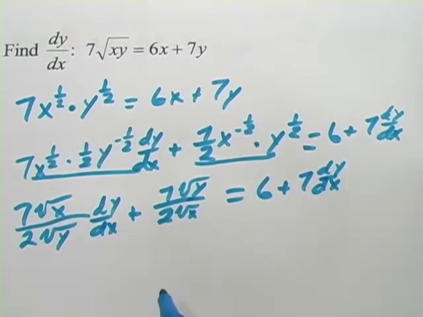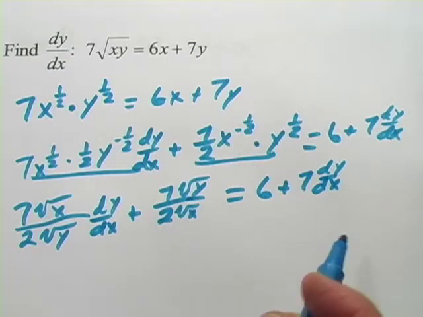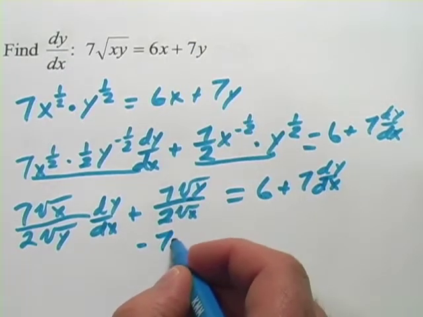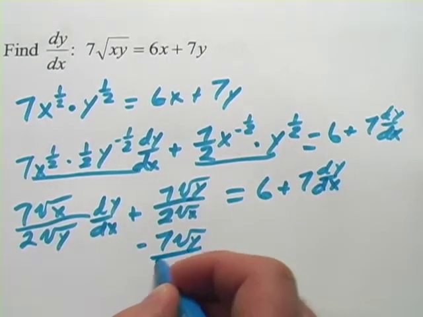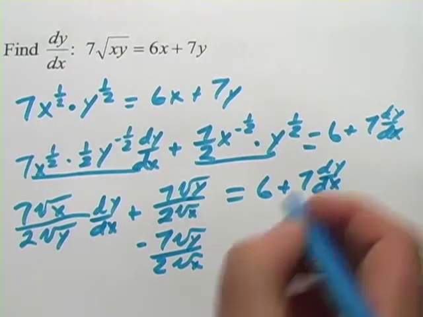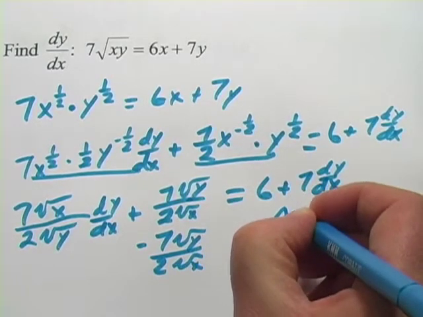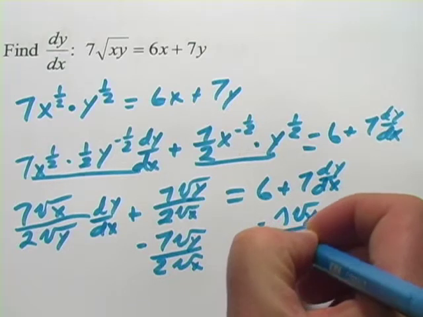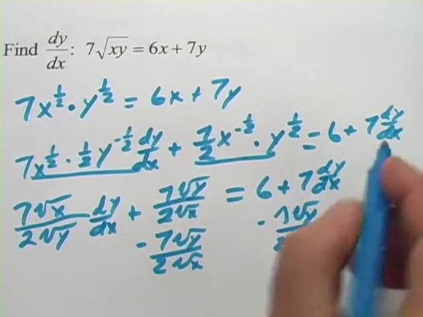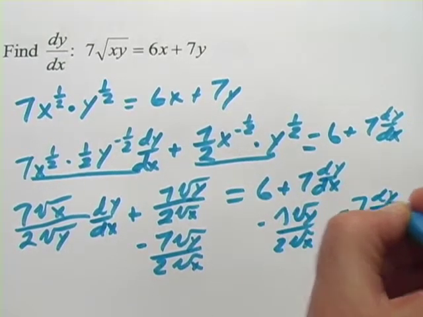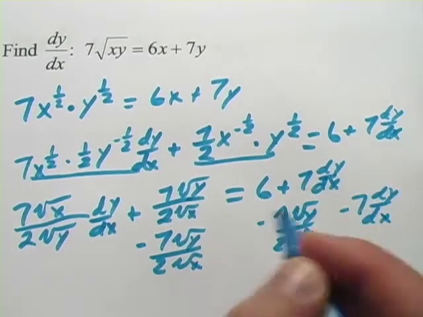Okay, the next step is to get the dy/dx terms on one side and all the other terms on the other side. So I'm going to subtract 7 square root of y over 2 square root of x from both sides. And I'm going to subtract 7 dy/dx from both sides.